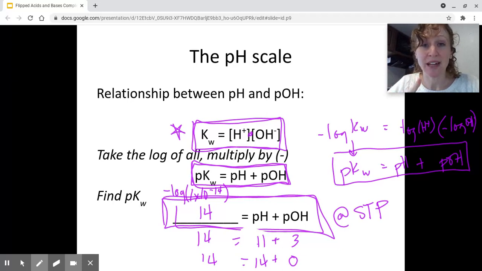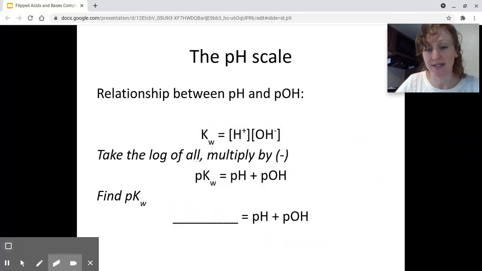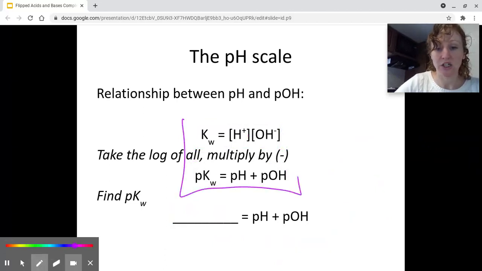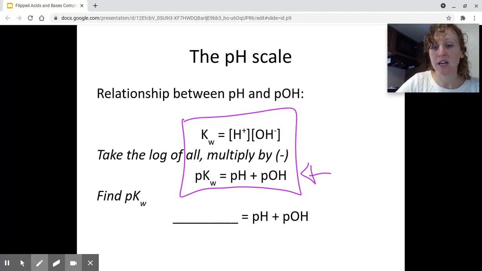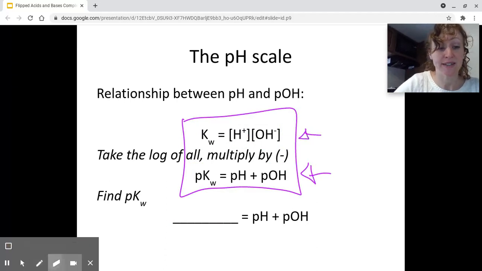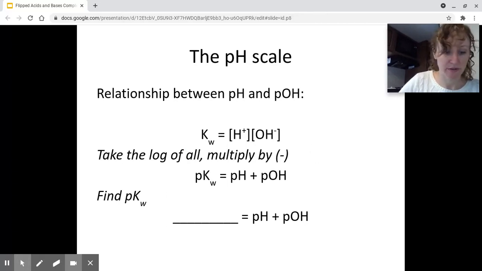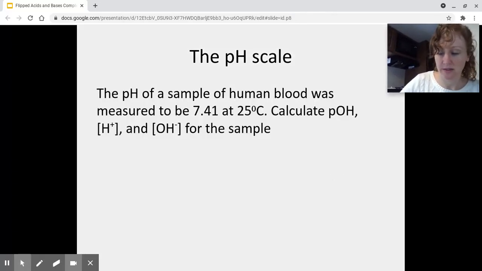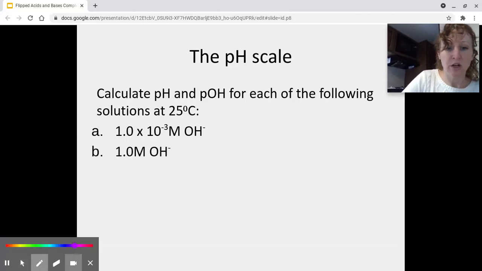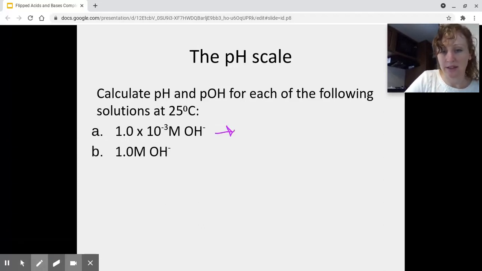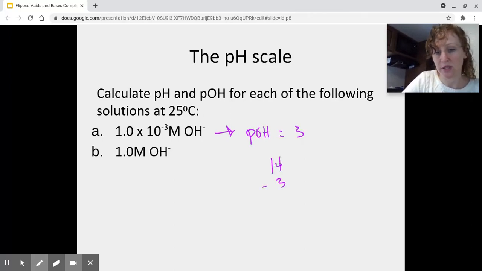We can go back to that last slide, and if we had this other relationship with the p's, it would have saved us some time. Once we figured out that this pOH was equal to 3, then we just take 14 minus 3 to get 11, and that's going to equal our pH.